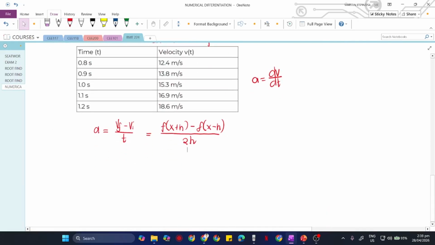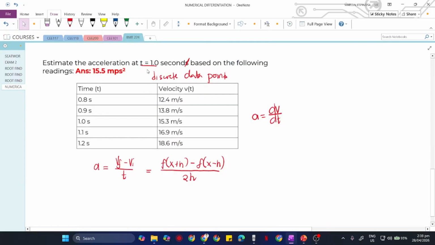Okay, now, since kukunin natin yung value ng acceleration at time t, so yung x natin is equivalent sa 1. So, ano yung step size natin? H. So, yung step size natin is actually the uniform difference or common difference ng mga t values. So nakikita nyo, 0.8, 0.9, yung difference niya is 0.1. 1 to 1.1, 0.1 din.